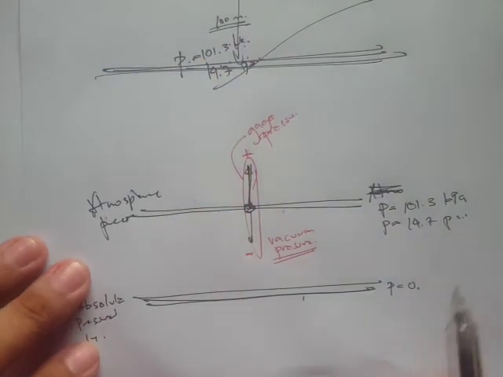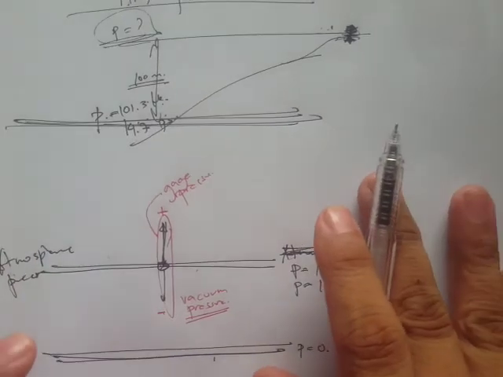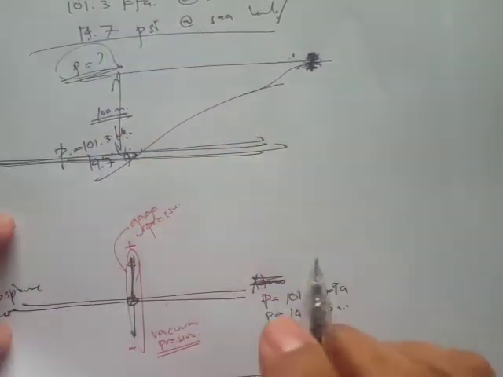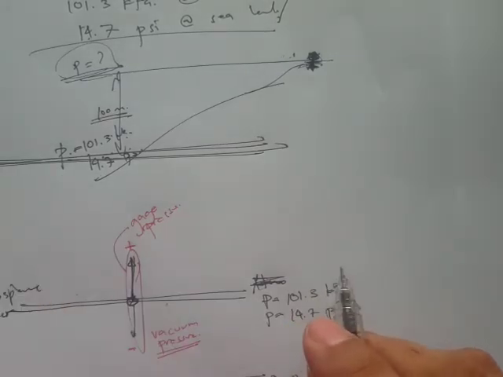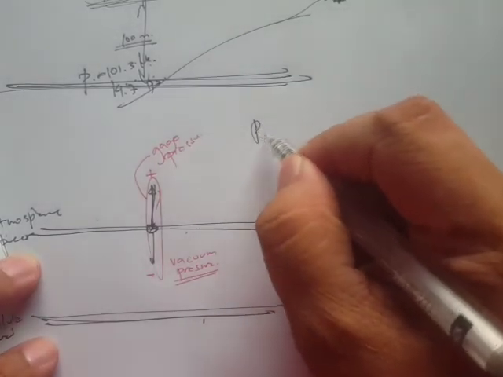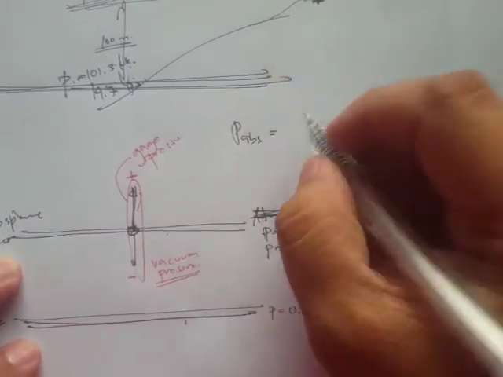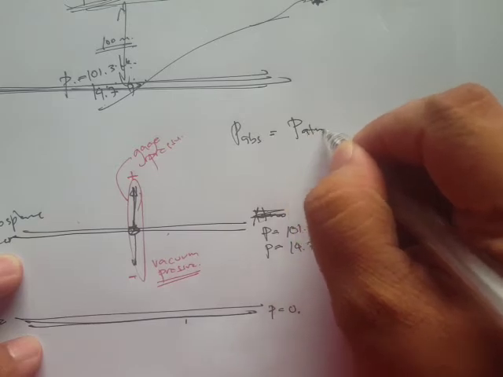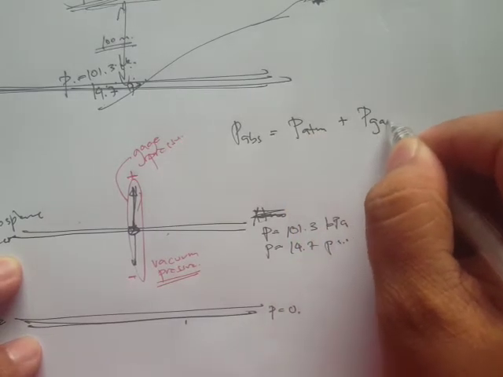Okay, so if we write down the relationship between the three pressures, we have P absolute is equal to P atmospheric plus P gauge.